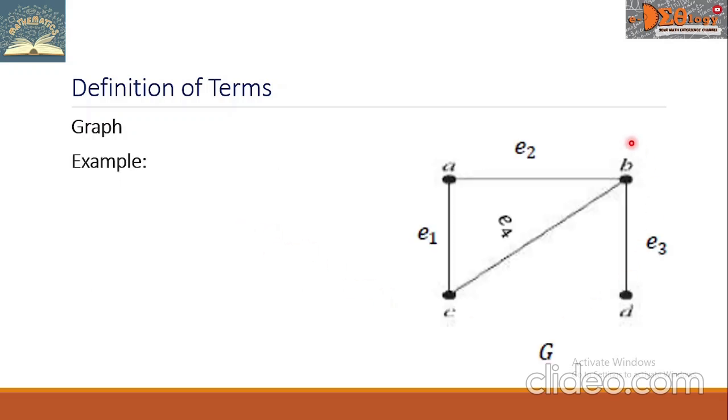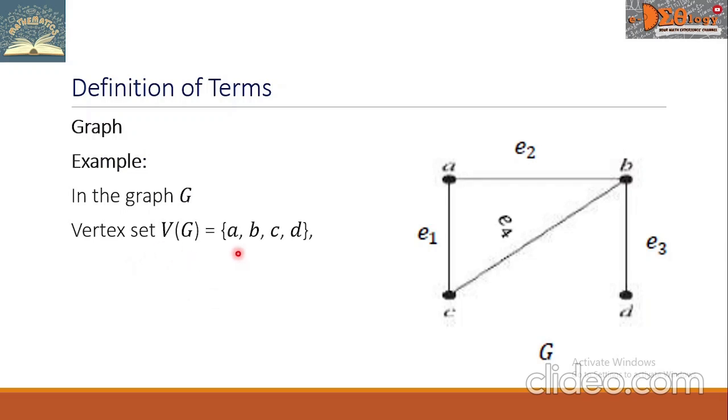Example, we have this graph. In the graph G, the vertex set capital V with elements A, B, C, and D. These are the A, B, C, and D. While the edge set capital E, we have E sub 1, E sub 2, E sub 3, and E sub 4.